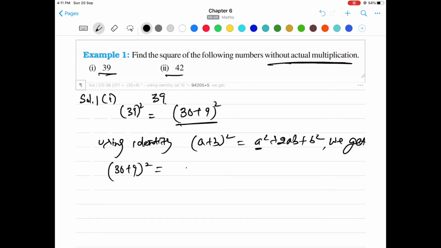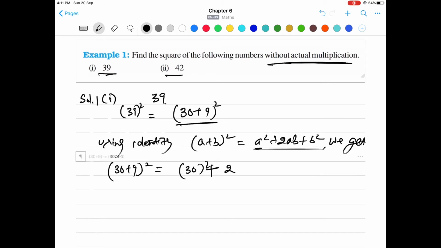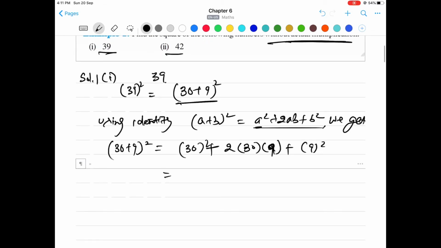a square, a here is 30, so that means square of 30, plus 2ab, that means 2 multiplied by a, which is 30, and b, which is 9, then plus 9 square. Now the square of 30 is 900, since square of 3 is 9 and the zero gets doubled. Then 2 into 9 is 18, 18 into 30 is 540, and square of 9 is 81.